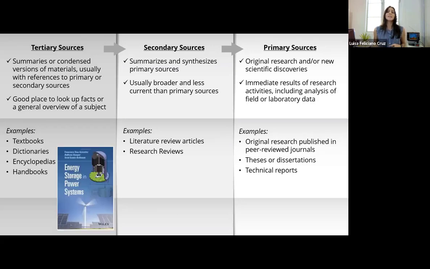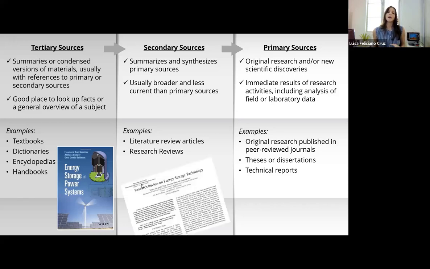For example, this is a general view of energy storage. If we're talking about renewable energy, then we know that storing the energy is a big deal. So for this example, we can have this book that's called Energy Storage in Power Systems. If we go to this book, we are going to find a secondary source, which is a research review on energy storage technology.